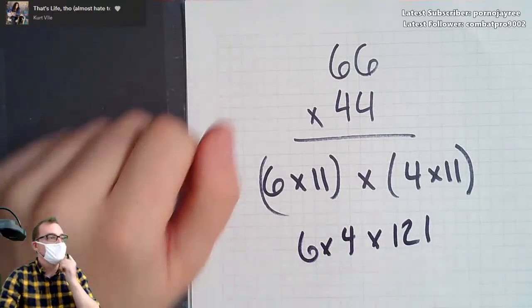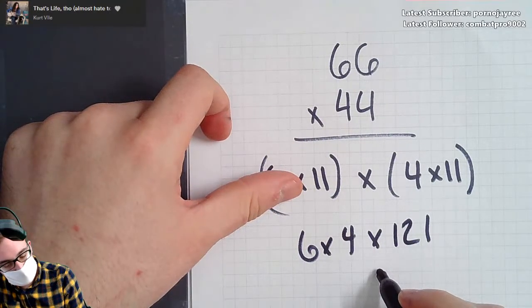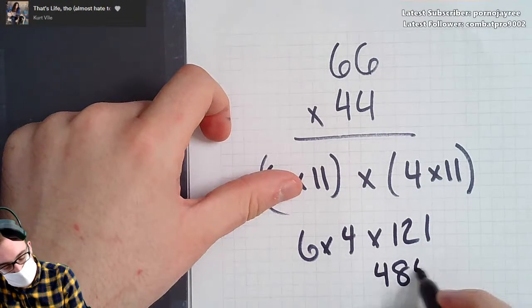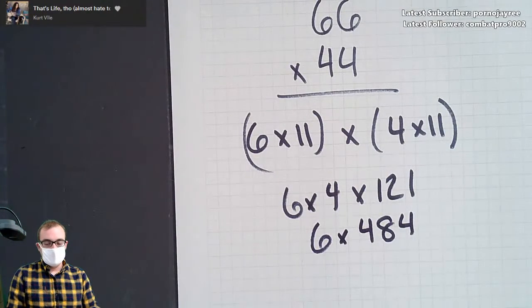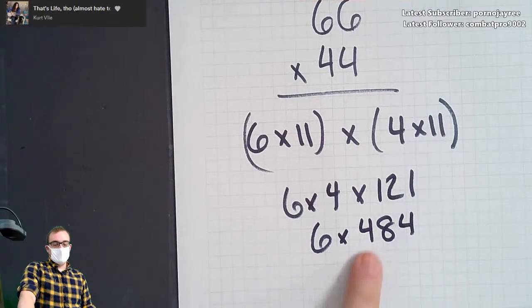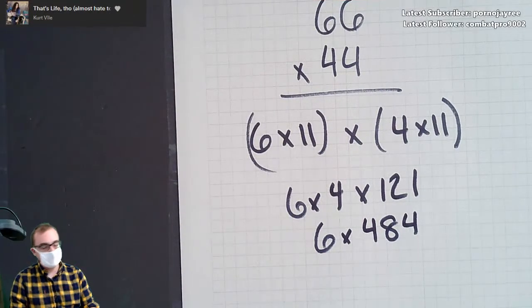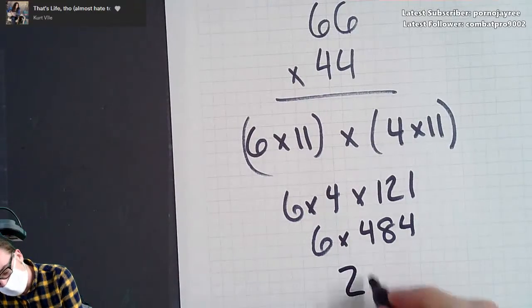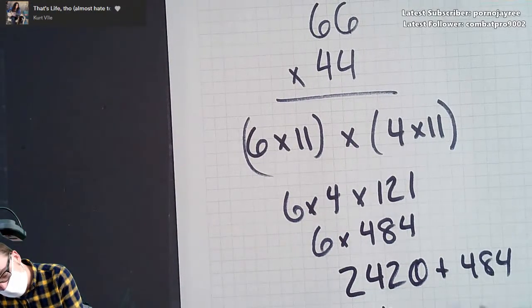What's 121 times 4? I would do this one, 484 times 10, and then divide it by 2, and then add 484 to it. Yep.